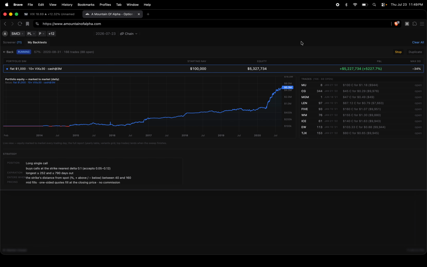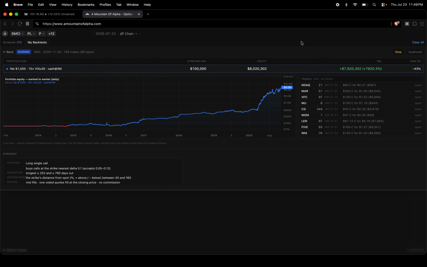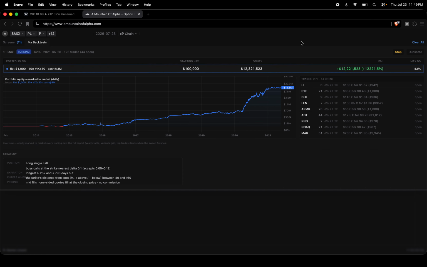But the whole point here is that you're buying long-dated LEAPs, and you're trying to just sit in the trade and have it work for you. And what you'll find is that if you look at the yearly return profile, all of it comes in 2022 or 2020, I think it is.